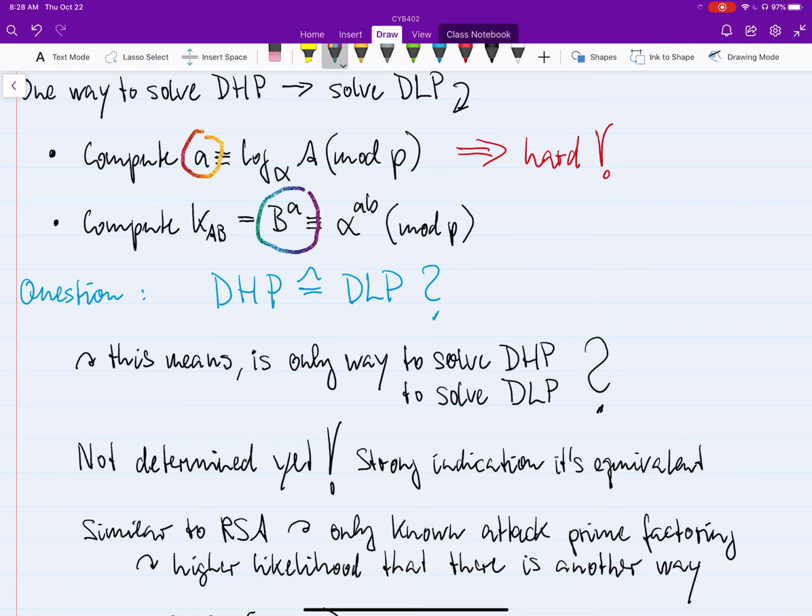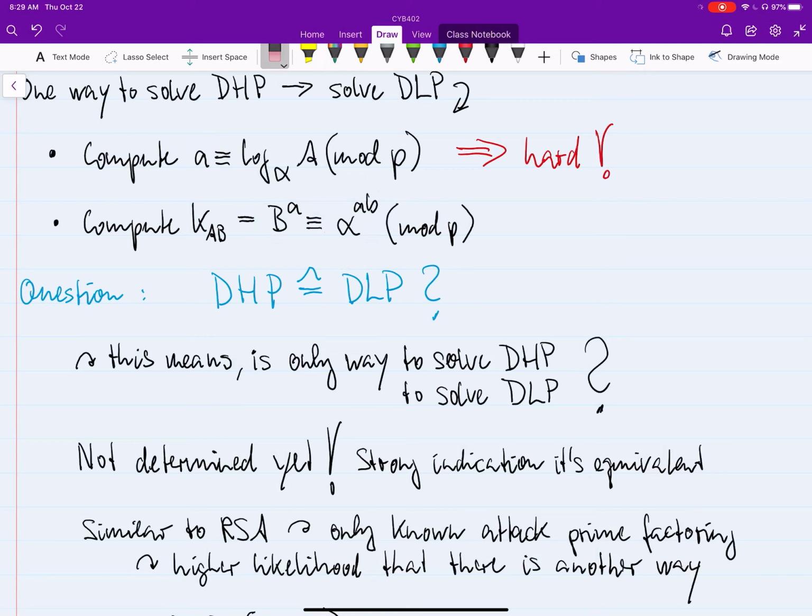So what Alice did upon reception of capital letter B, that public key that Bob sent over to Alice, Oscar would do the same thing and put B to the power of small letter a, and that would equate to alpha to the small letters ab, and that would be the secret shared key.